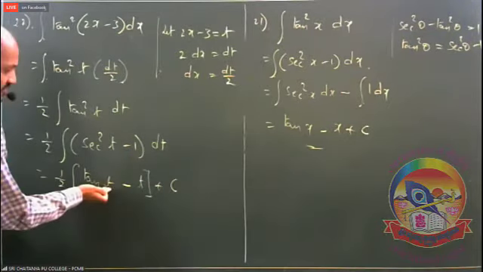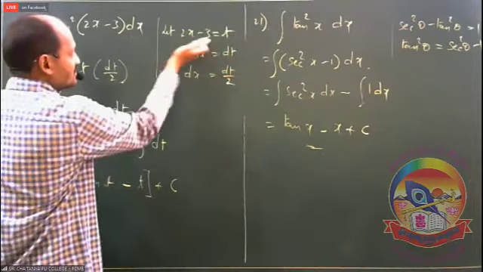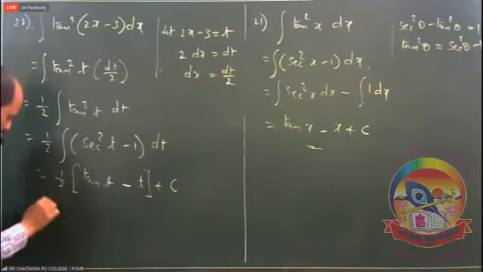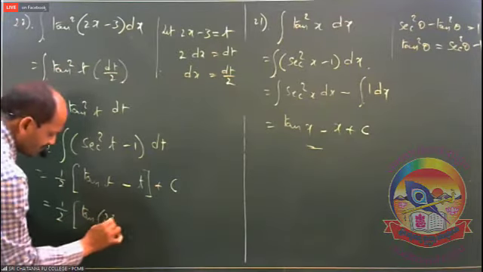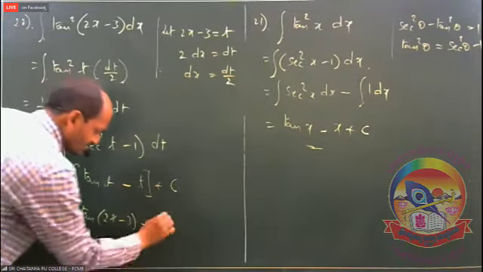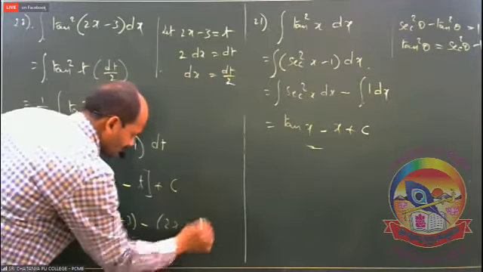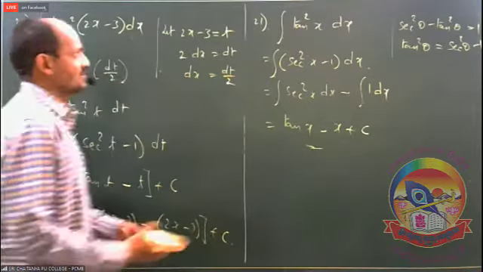Again we have to substitute instead of t, that is 2x minus 3. So 1 by 2 into (tan(2x minus 3) minus (2x minus 3)) plus c.